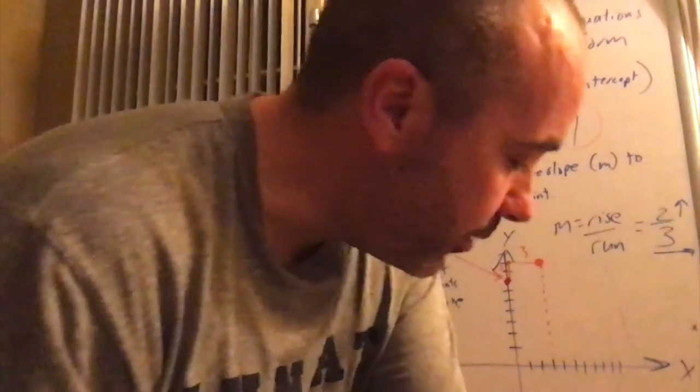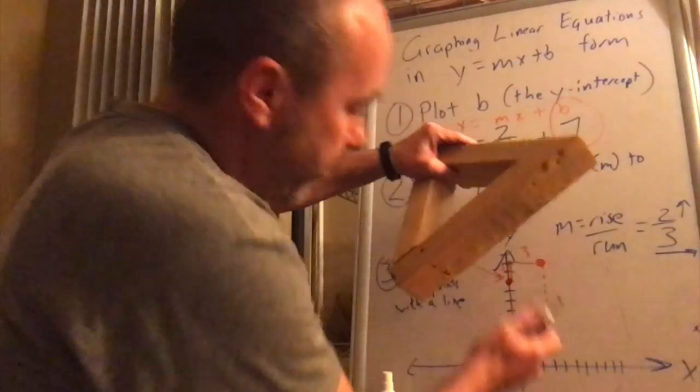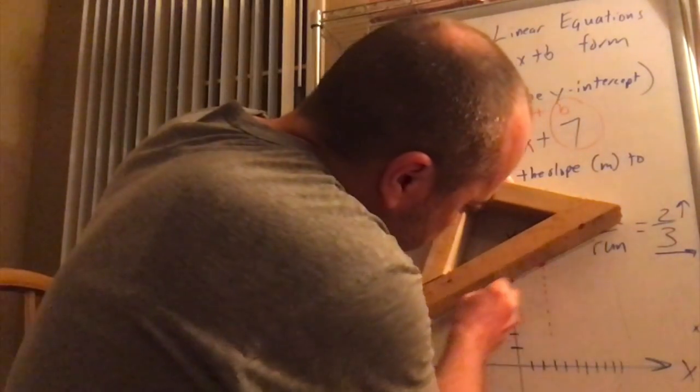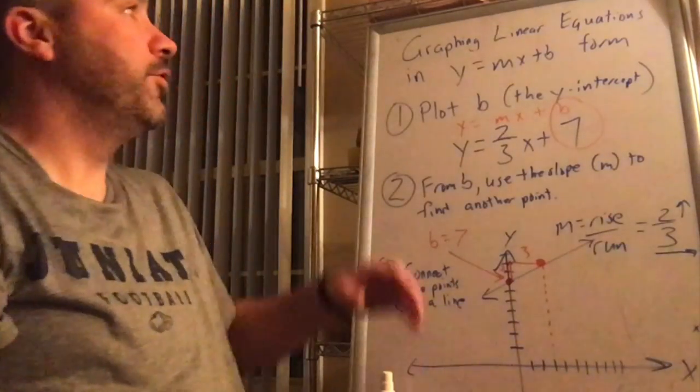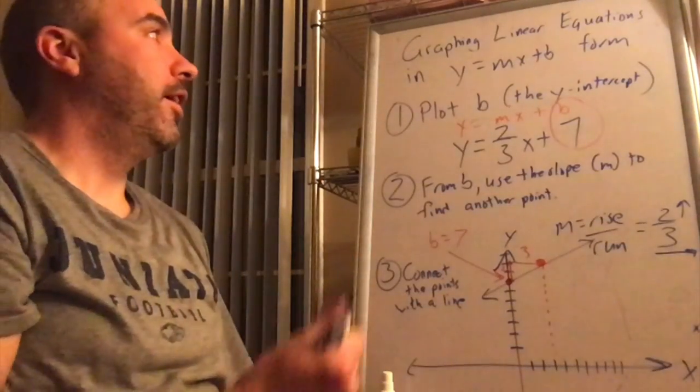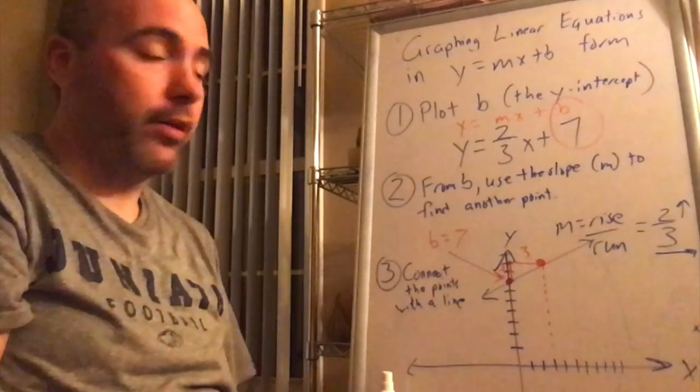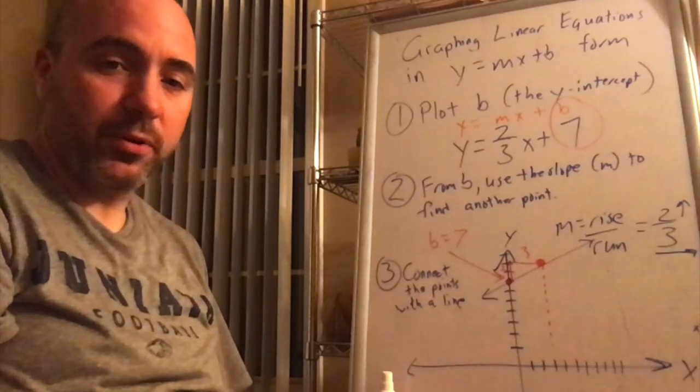I'm looking around. I got this random piece of wood here. There's a good straight edge. Boom. There's my line. And that's how you graph a linear equation in the form of y equals mx plus b.